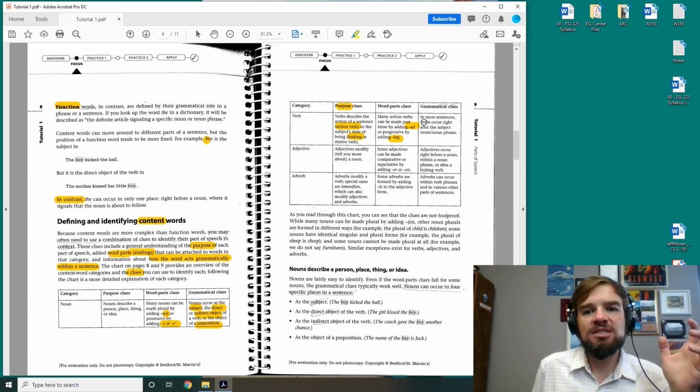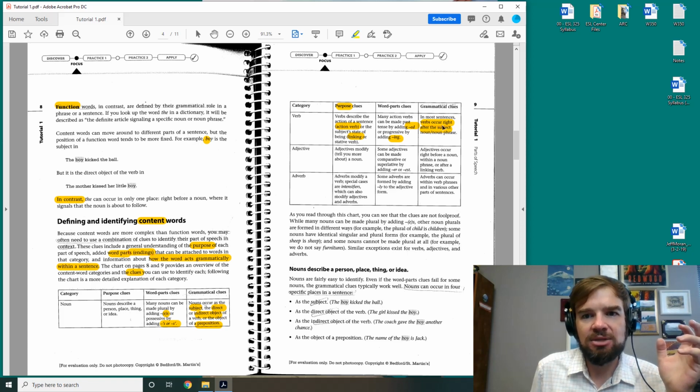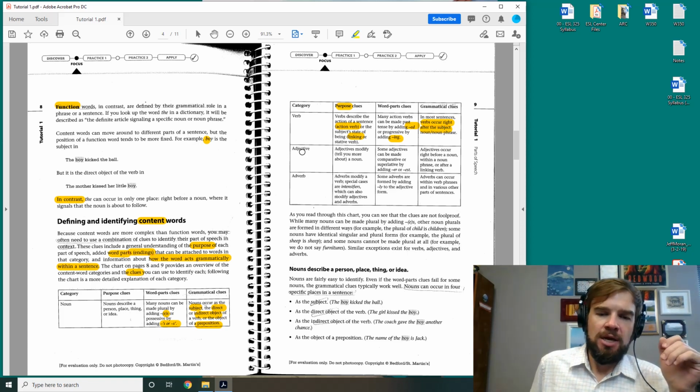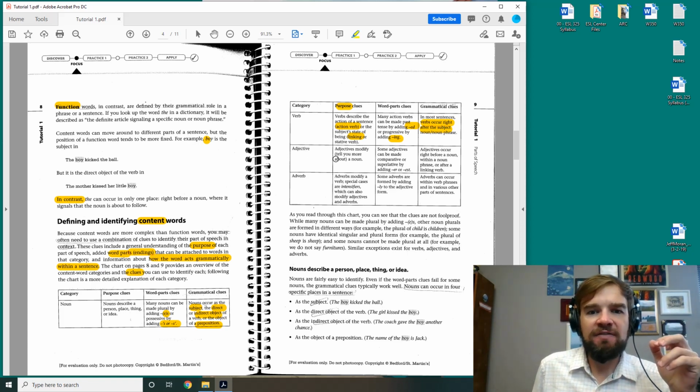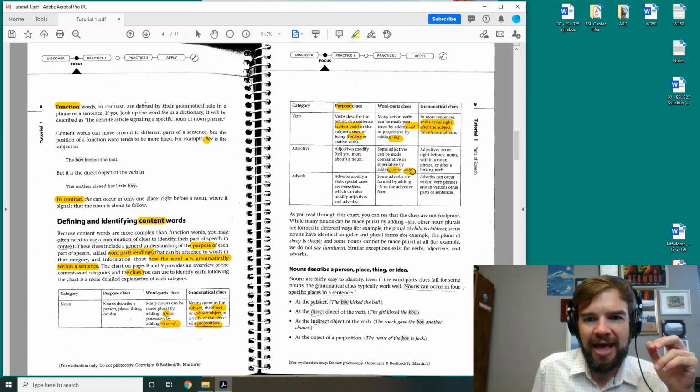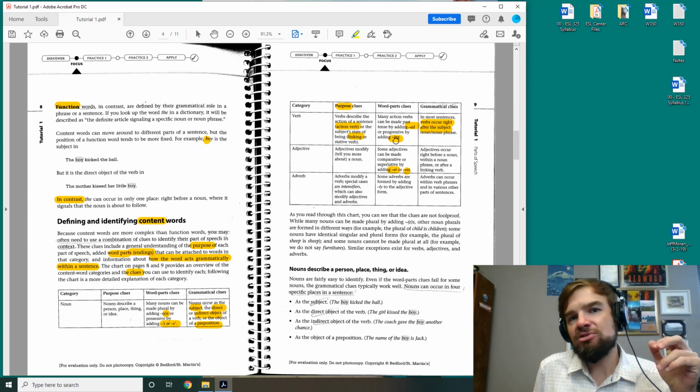In most sentences, verbs occur right after the subject, noun, or the noun phrase, right? So that's saying where do you see the verb in a sentence? That's the grammatical clue. Next, we've got adjectives. Adjectives modify, tell you more about a noun. Word part clues. Some adjectives can be made comparative or superlative by adding er or est. Bigger, biggest, happier, happiest, nice, nicer, nicest, right?